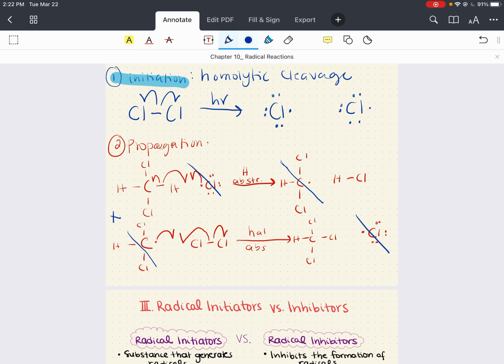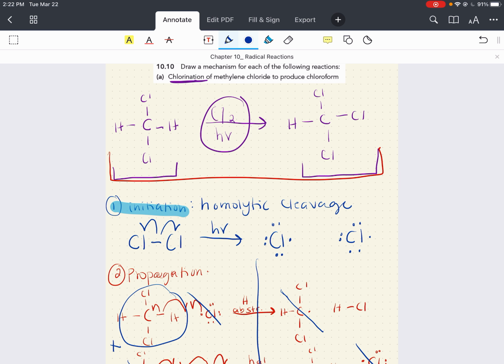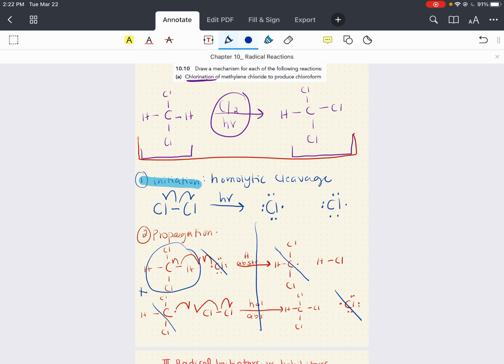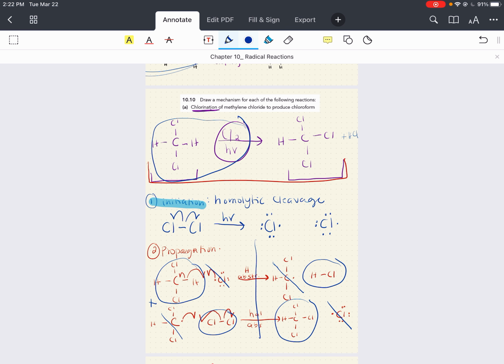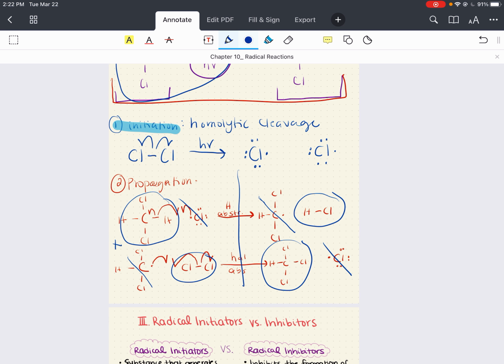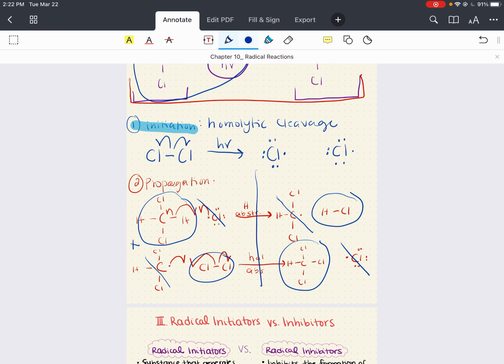What we are left with on the reactant side is the methylene chloride we started off with and Cl2, and for our products we have our chloroform and hydrochloric acid. That's exactly what we wanted to get. This is the net reaction we're looking for. So we've appropriately written the propagation steps for this reaction.